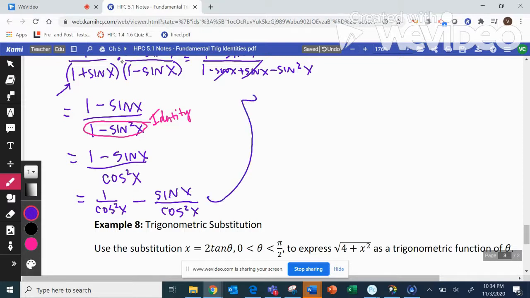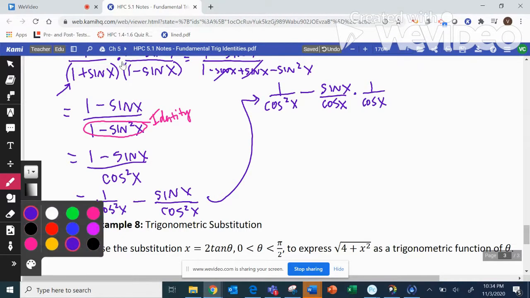Then I'm going to take this sine x and the cosine squared x and separate it, so it's sine x over cosine x multiplied by 1 over cosine x.